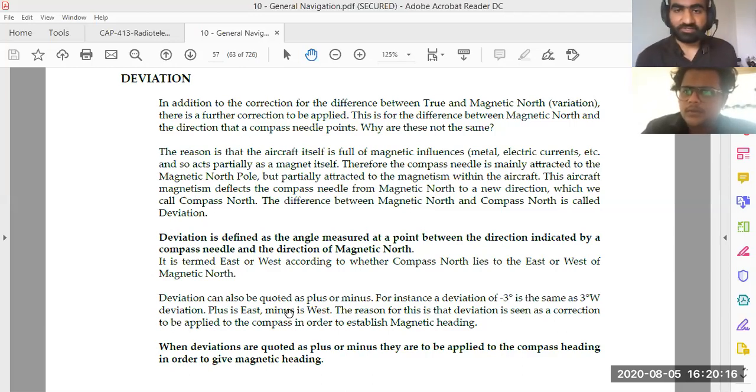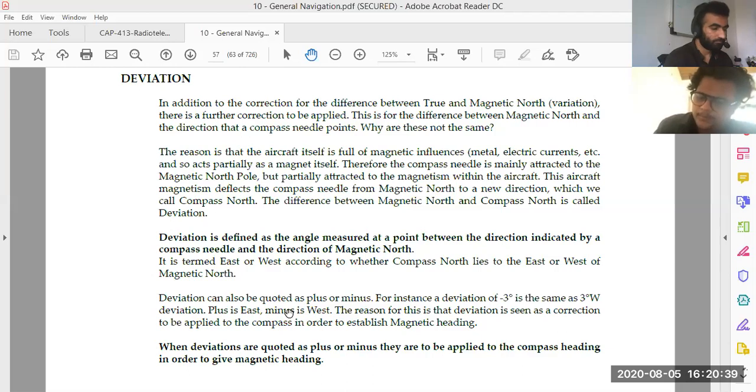Deviation denoted in positive is actually representing easterly deviation, and deviation with a negative sign shows westerly deviation. Easterly, westerly.